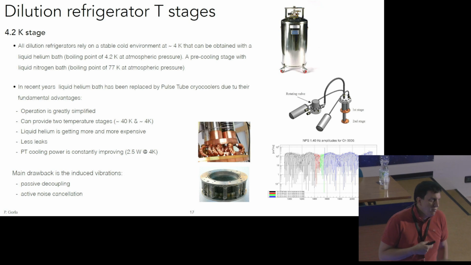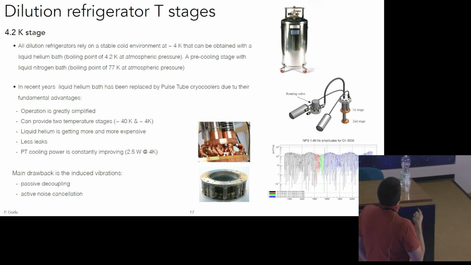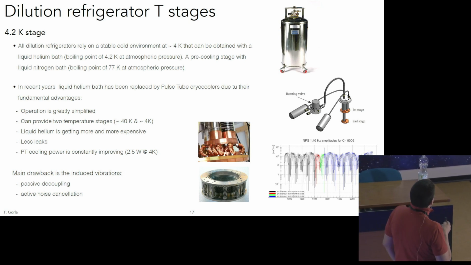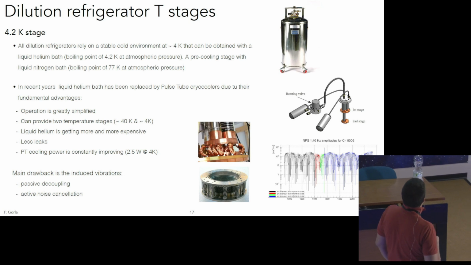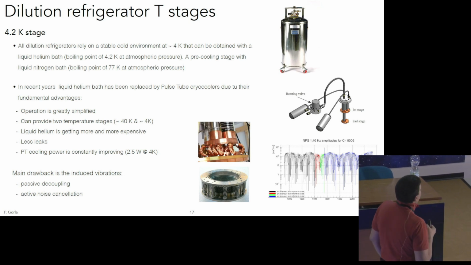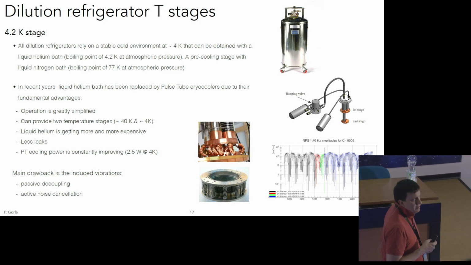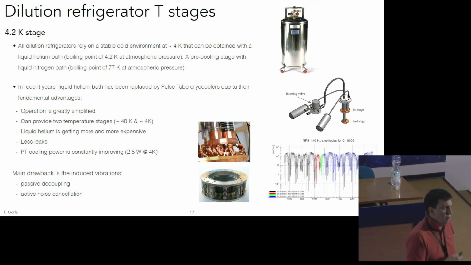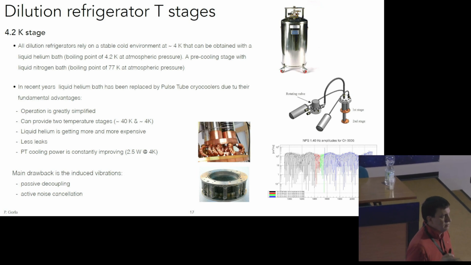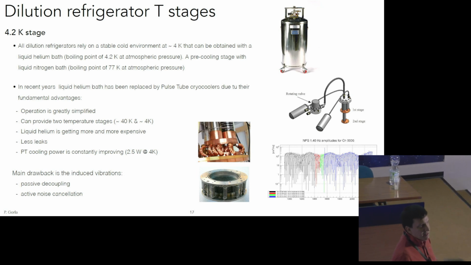But this is now really established technology, so this is commercial stuff. The biggest producer is Cryomec, but there are a bunch of others which are now producing this kind of device, and you just buy on the catalog. So this is really plug and play. You just put it there, press the button, and this goes.